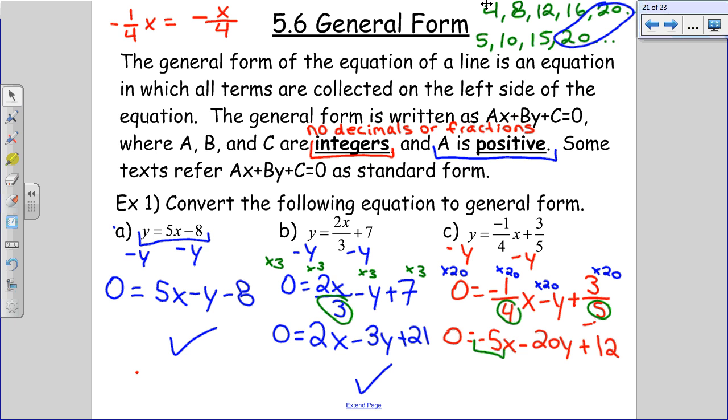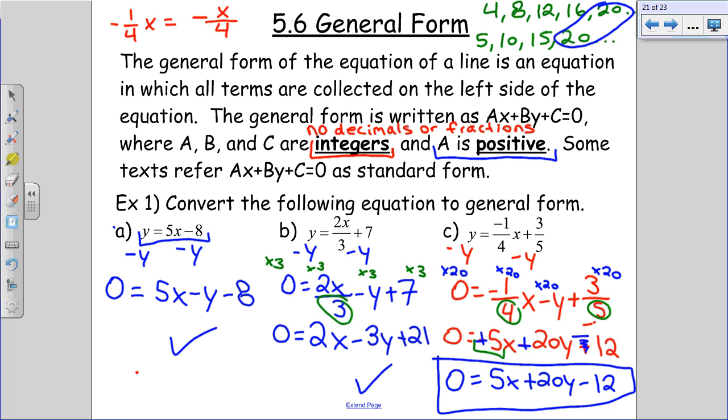So if you have a negative symbol and you want it to be positive, just change it to be positive, but you have to change all the symbols. They all switch. Okay? That's what multiplying by negative 1 does, it changes all the symbols. So my final answer is 0 equals 5x plus 20y minus 12. That meets our criteria. Equals 0, no decimals, no fractions, no negative a value.